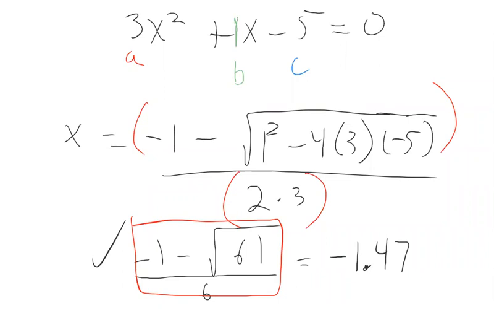So basically what's in the radical is 61, because 1 squared minus, so -4 times -5 gives me a +20. 20 times 3 gives me 60, and then 60 plus 1 gives me 61. So that's what's inside, b squared minus 4ac is 61. And I can't take the radical of 61.